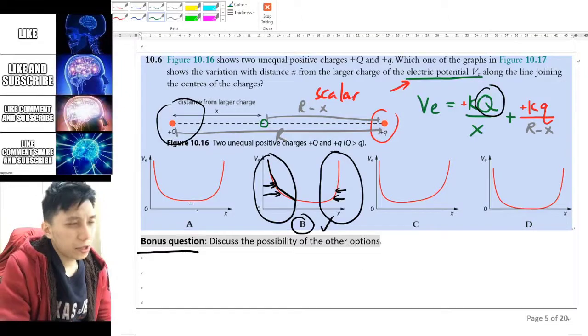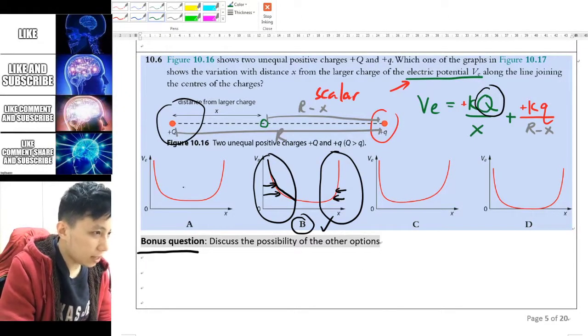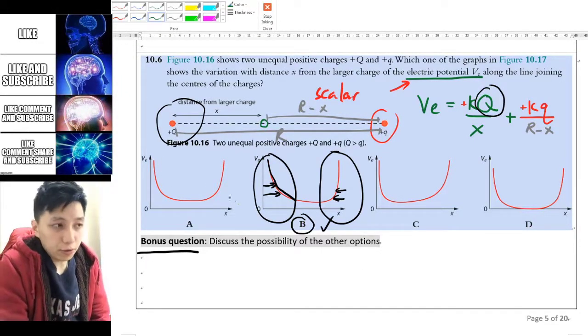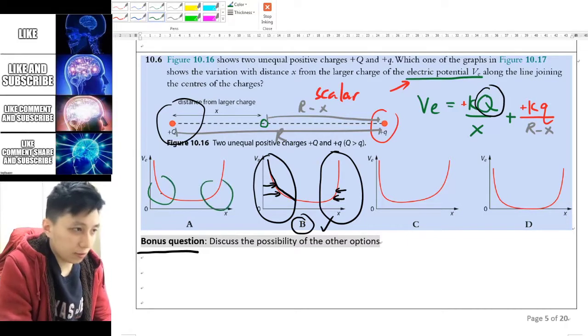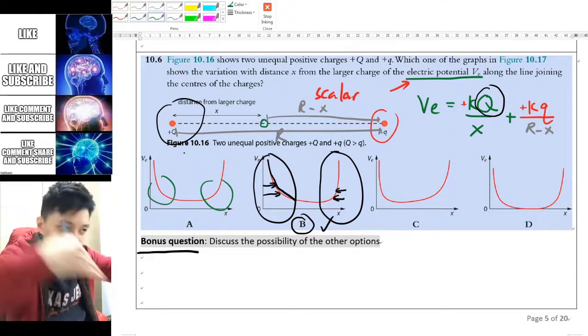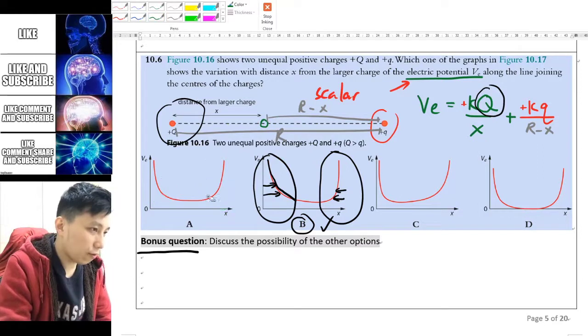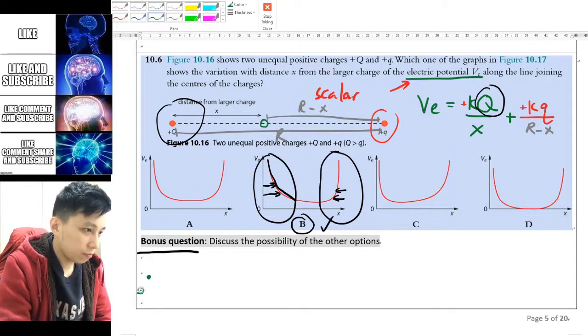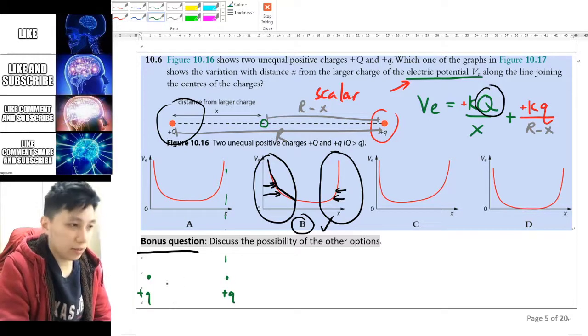A few moments later. Alright, so here will be the answer. For A, you can see it is very symmetrical, and you don't see any difference in terms of magnitude. So obviously you have a charge of, say, positive Q, and correspondingly here you also have a charge positive Q, and they are the same magnitude.